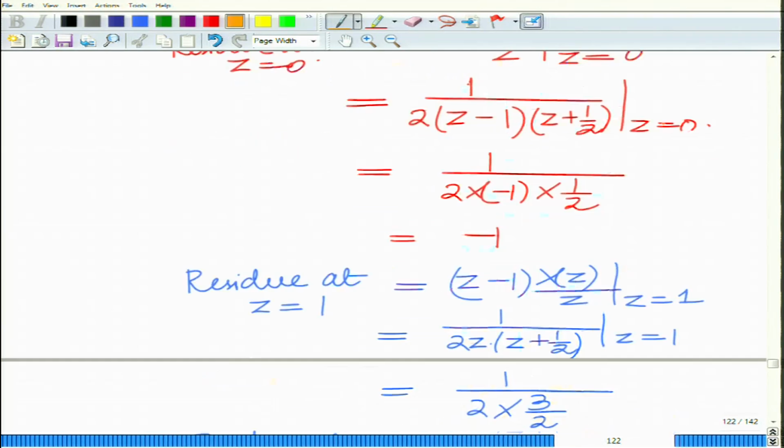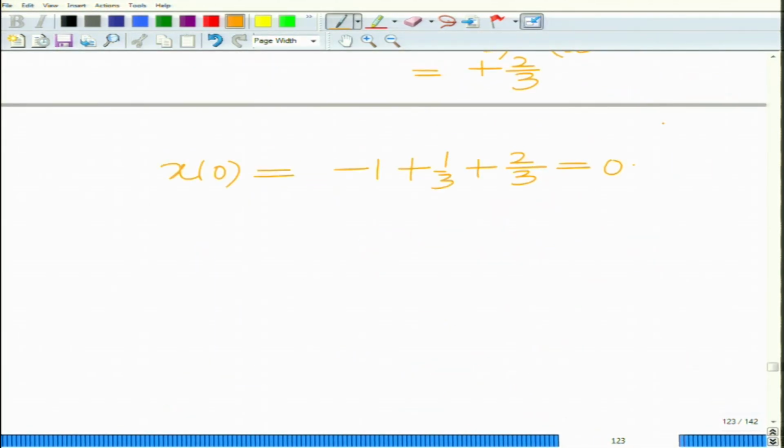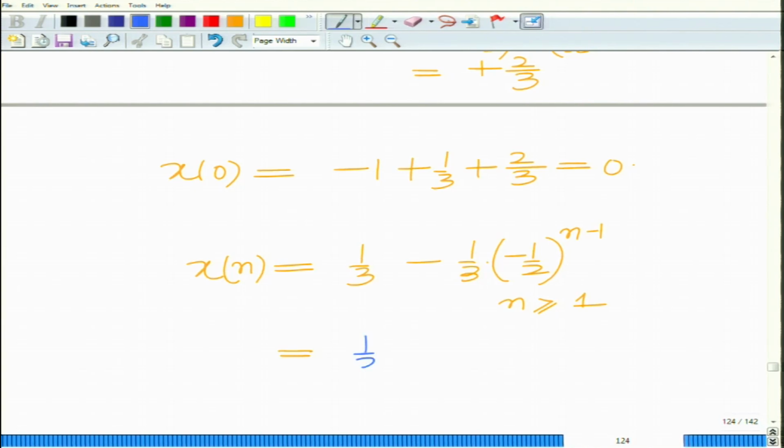Okay. So, x(0) equals 0, and therefore what we obtain is basically x(n) equals 1 by 3 minus 1 by 3 into minus half to the power of n minus 1 for n greater than or equal to 1, which can be written as 1 by 3 minus 1 by 3 into minus half to the power of n minus 1, into u(n minus 1).